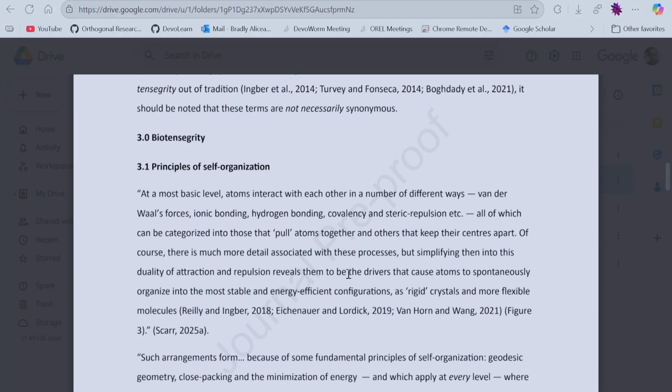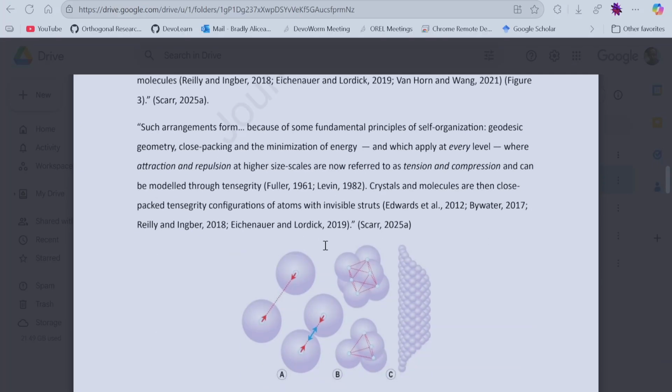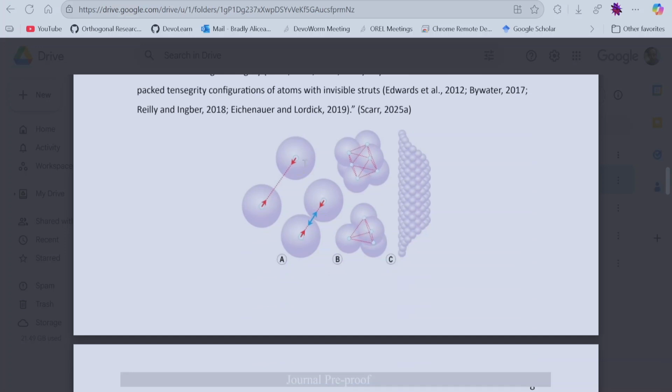So they talk about biotensegrity as embracing the principles of self-organization. They show this example here where cells are coming into contact, like we saw in the last paper. They're forming these networks or clumps of cells. These networks become more complex, and then those networks form these sheets of cells that do things collectively.